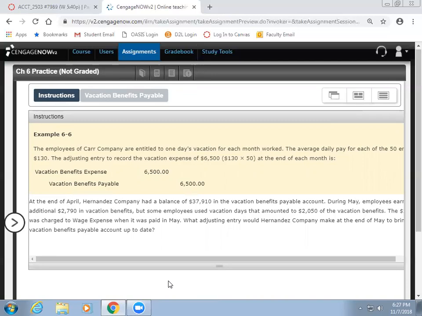And then at the end of April, Hernandez company, did they just switch companies on us? Oh, it's two separate companies, the example and then the question. Okay, thank you, I'm going crazy. I'm losing my mind. Usually the example is separate from the question. I can't see it on the screen, but on my computer screen I can see it in the beige.